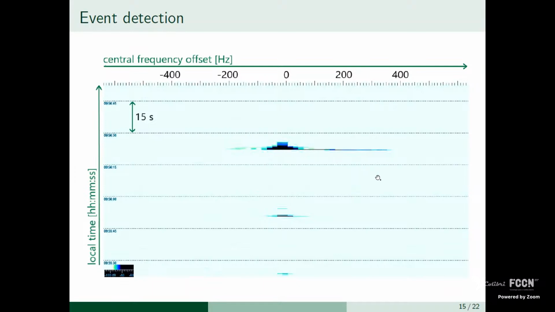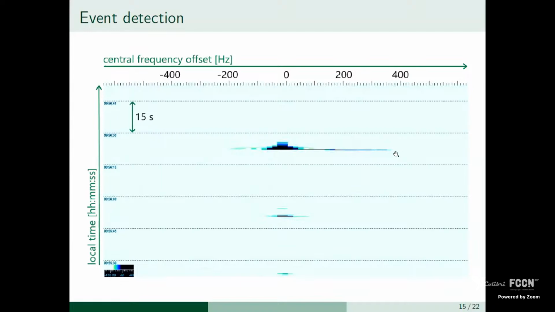So the first typical thing you can see here is the head echo I was talking about, which has a very high Doppler shift, from like 400 hertz to minus 200 hertz. What it means, basically, is that the radial velocity is changing as the meteor is moving.